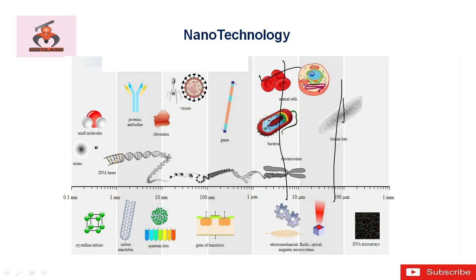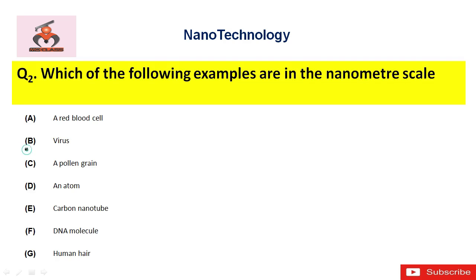Virus size is under 100 nanometer. DNA is also under 100 nanometer, 1 to 10 nanometer. This is a carbon nanotube. Atom size is less than 1 nanometer. Carbon nanotube and DNA molecule can also come under the nanometer scale.